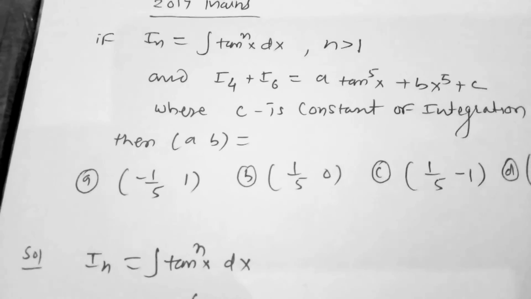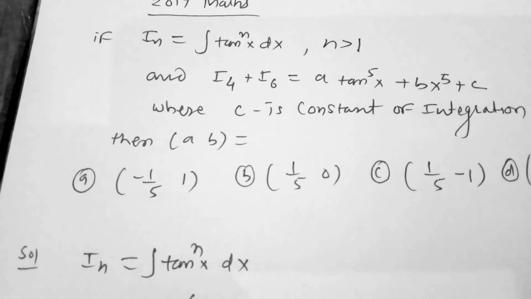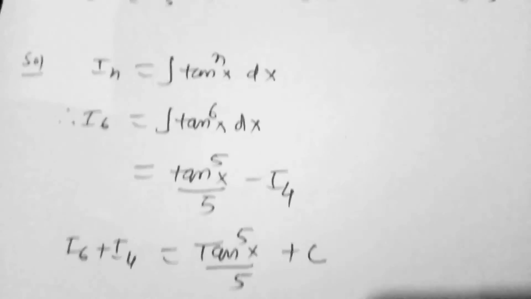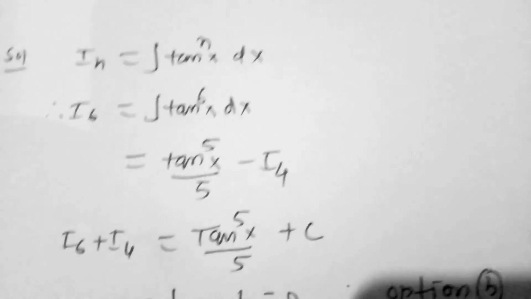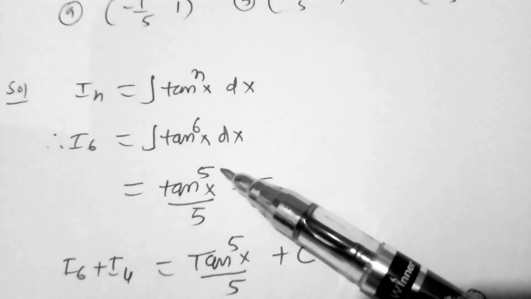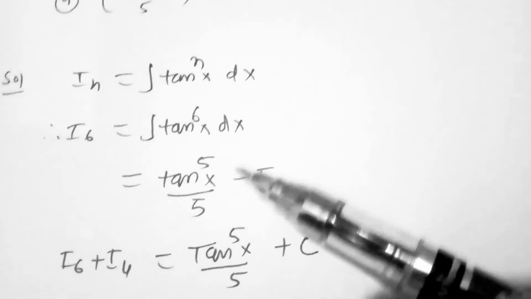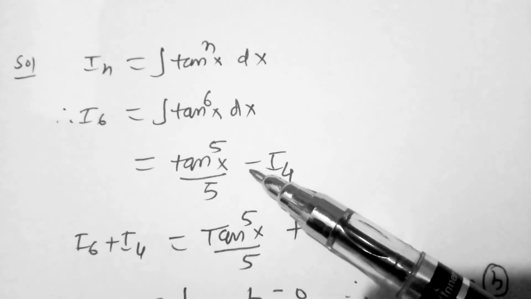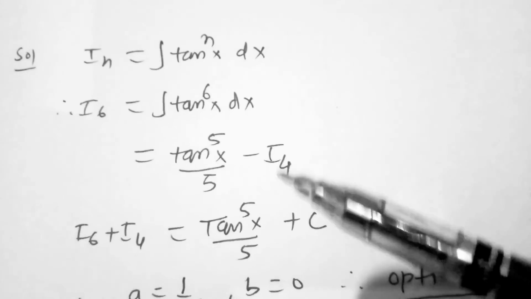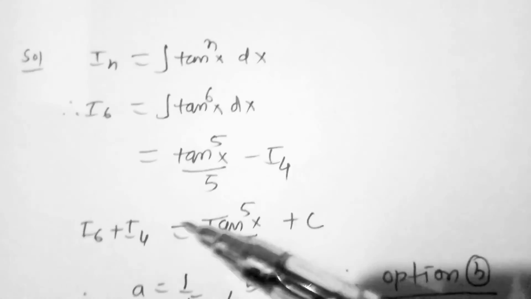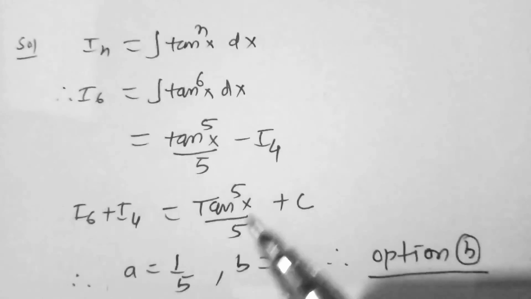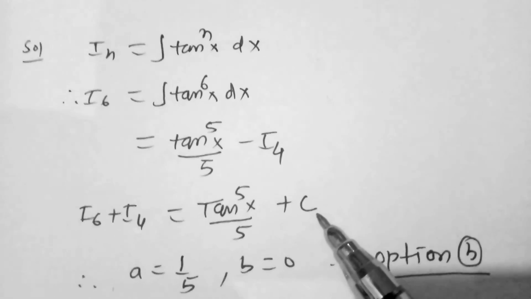See, I4 and I6 are there. So we will start with I6. I6 will be the integration of tan to the power 6x. By using the reduction formula, you can write this as tan to the power 5x divided by 5, and then directly this will be minus I4, since the sign alternates. So this I4 will go to this side: I6 plus I4 equals tan to the power 5x by 5 plus c, which is the constant of integration.